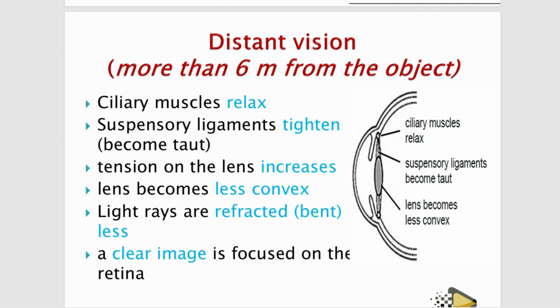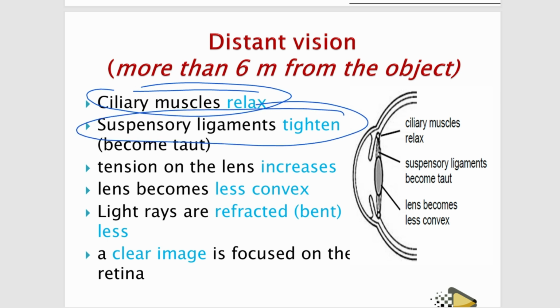You understand? So they're saying structure. Can I see the tension? I don't see the tension. I only see that the ciliary muscles relaxing is a structure, and the suspensor ligament is a structure. You see them. But I can't see the tension on the lens, though I can see that the lens has become less convex. So I'll look at this, and I'll also look at that.